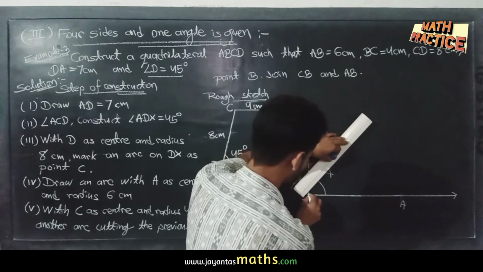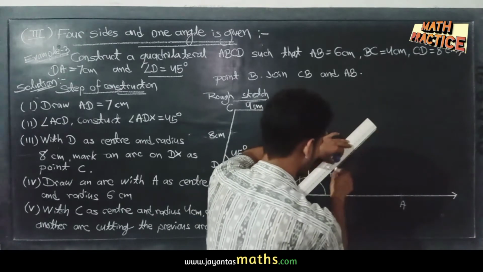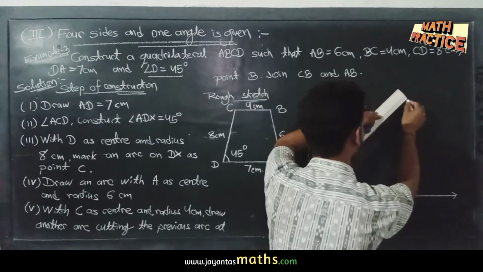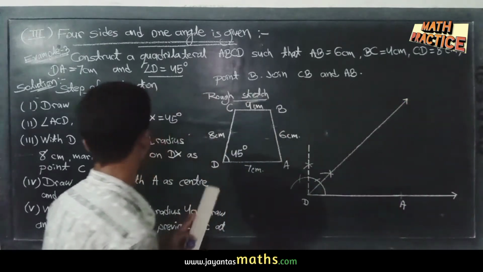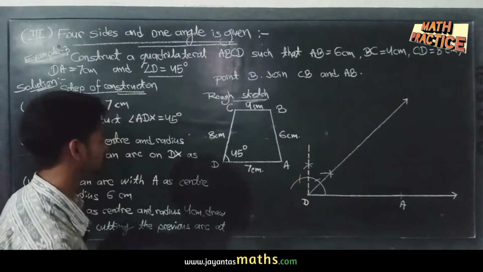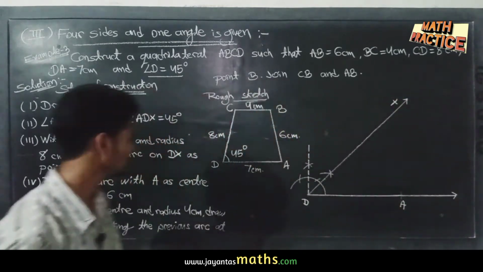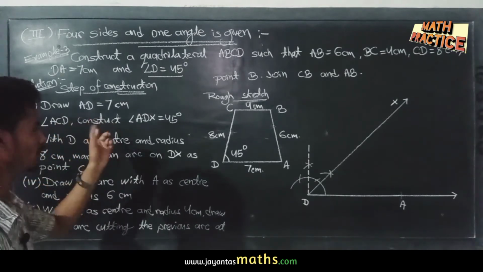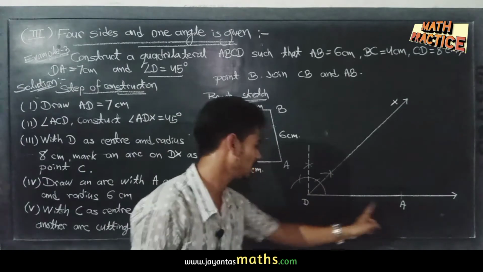This one is 45 degrees. And extend this one to the point X, named DX. So first we construct the angle ADX as 45 degrees.